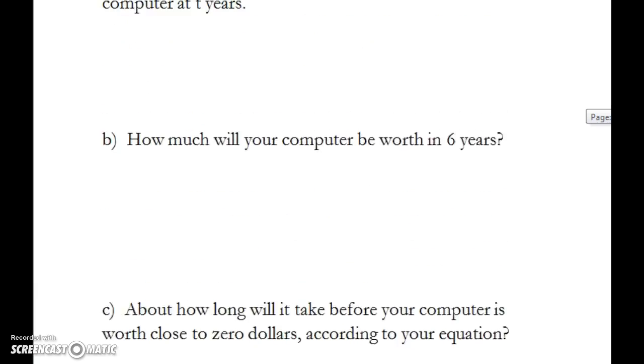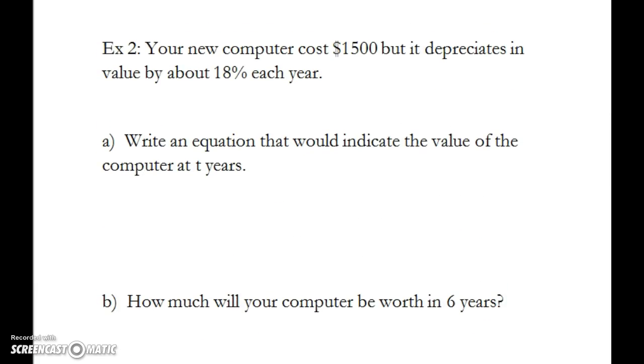Let's look at another example. So here we have your new computer costs $1,500, but it depreciates in value by about 18% each year. In this particular problem, A, our initial value, is 1,500, and B, which is our growth or decay factor, in this case it's decay because it's depreciating, it's going down in value, we're going to get by starting with 100% and this time subtracting our rate, so minus 18%.